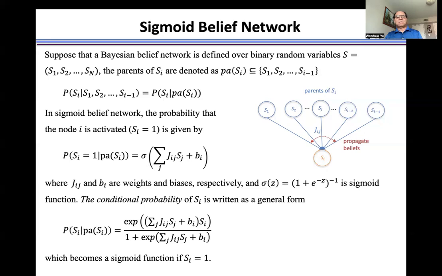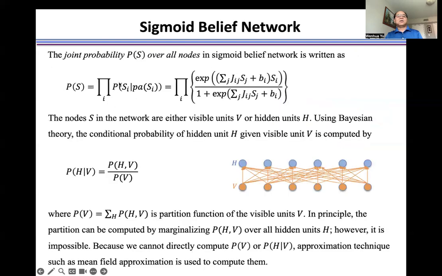The conditional probability of S_i is written in a general formulation here, which becomes a sigmoid function if S_i is 1. The joint probability P(S) over all nodes in the sigmoid belief network is written as here.